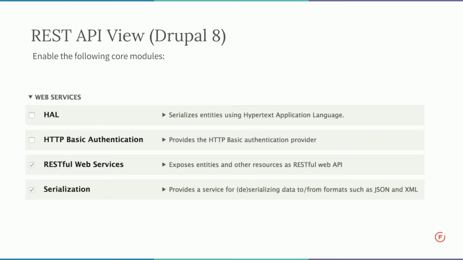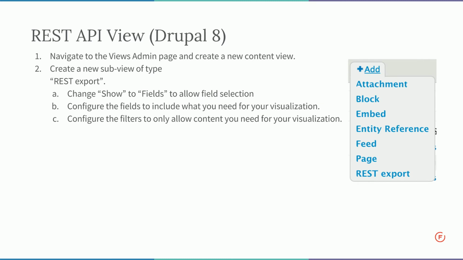All right, so the way we would build this out is, of course, since we're using REST API, we're going to make sure we enable the RESTful web services and serialization modules. These are core modules. Inside of our view itself, we're going to create a view, and it's going to be a type of REST export.